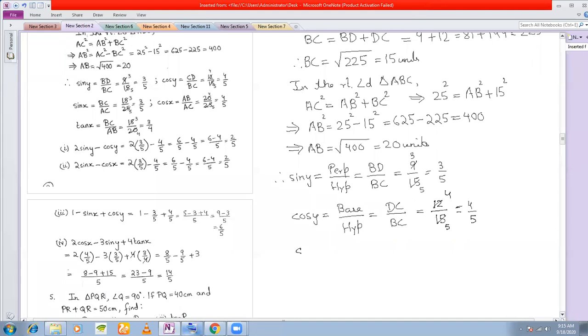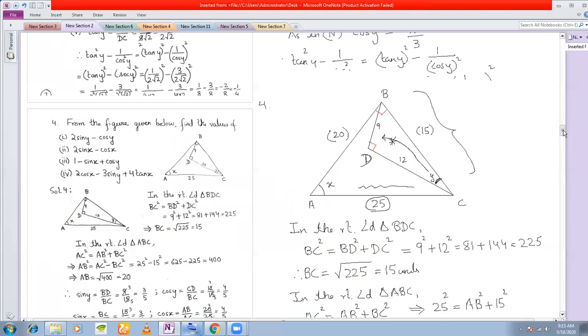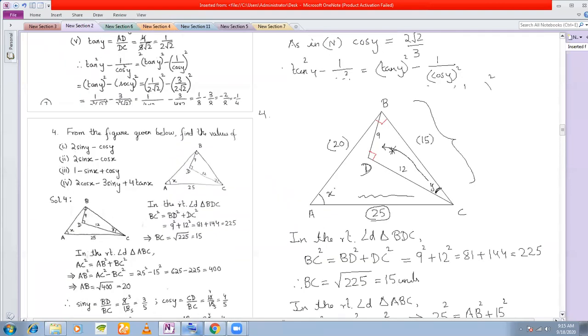Let us now proceed to find out sine x. Now x is an angle that is related to the bigger triangle. So if you consider the bigger triangle, clearly AC is your hypotenuse, right? This is your hypotenuse for the bigger triangle because it is opposite to the right angle B. Which one should be my perpendicular?